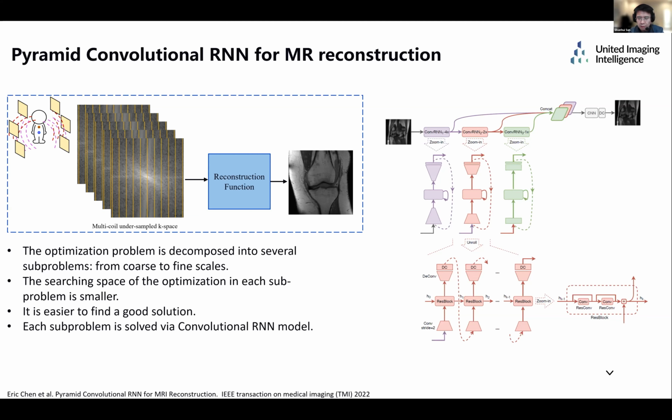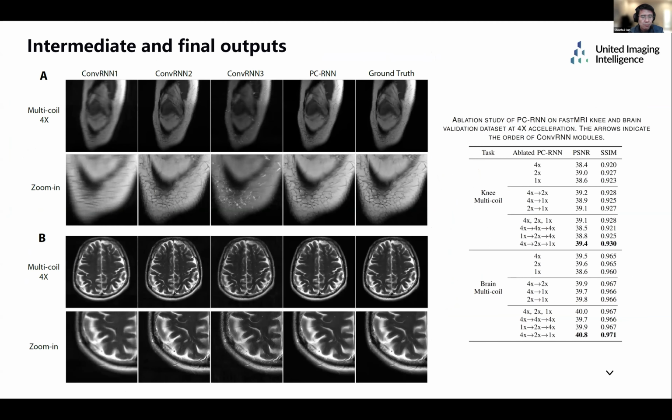Note that each sub-problem is solved through a convolutional recurrent neural network. Here, we show some intermediate results from the different scales, RN1, RN2, RN3, as well as the final combined result.